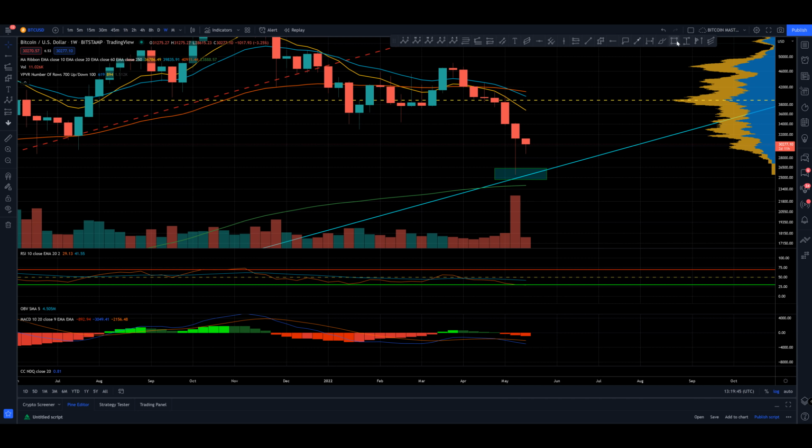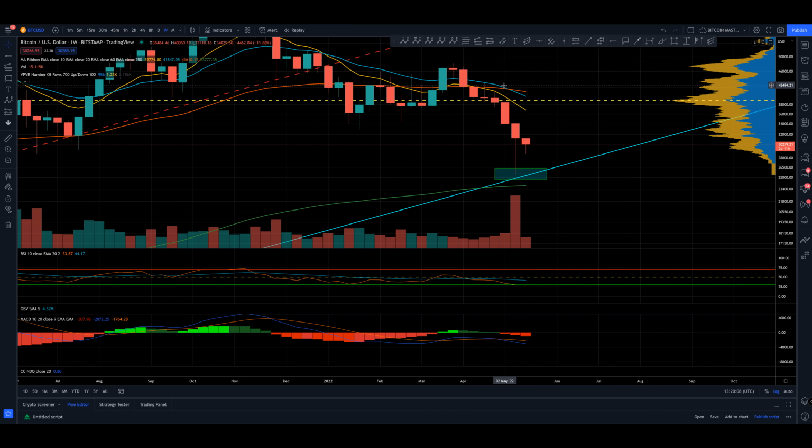If we had, for example, come up and gobbled up the body of this hammer here, and finished above it, that would have been a bullish engulfing candle, and that would have been a very strong sign that we had a motive wave off of the low on a smaller time frame. But we've seen evidence that it isn't there, so it was a lot more likely a temporary bounce.